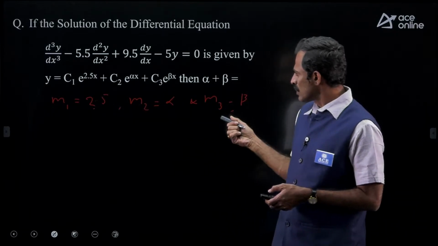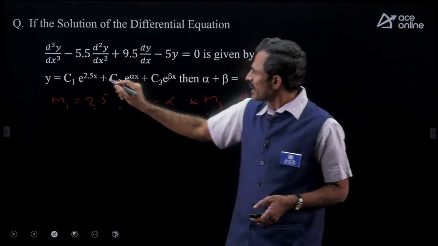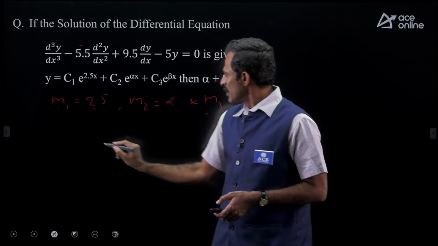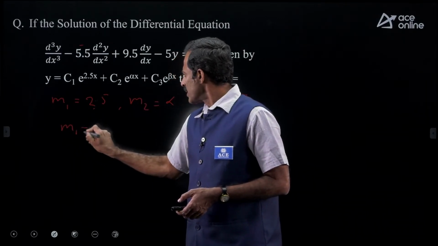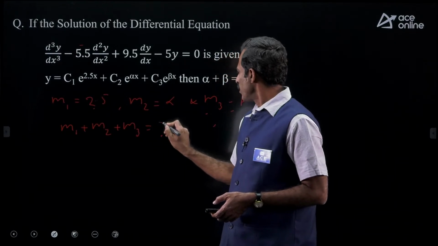Once you know the roots, we can add up all the roots. The sum of all the roots is given by the coefficient of d square y by dx square. So m1 plus m2 plus m3 equal to 5.5.